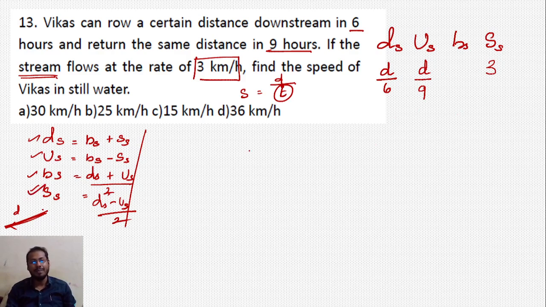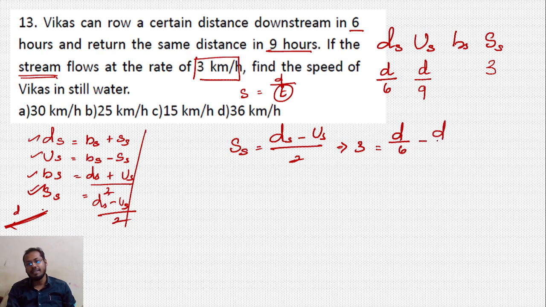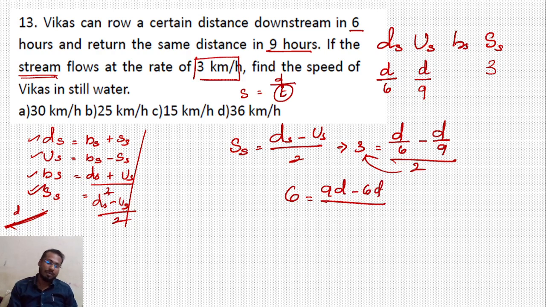Take the SS formula. SS is equal to DS minus US over 2. SS is 3, that's equal to DS is d by 6 minus d by 9, over 2. So take this 2 to this side. 6 is equal to 9d minus 6d over 9 times 6, which is 54.